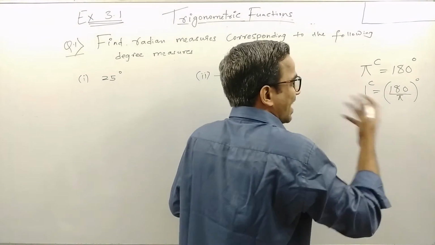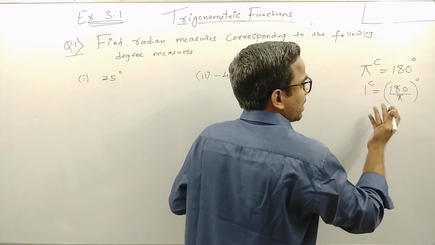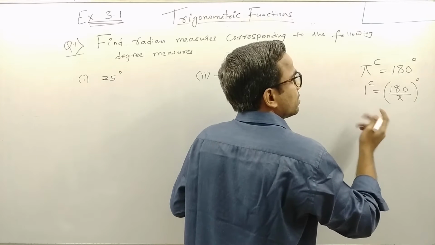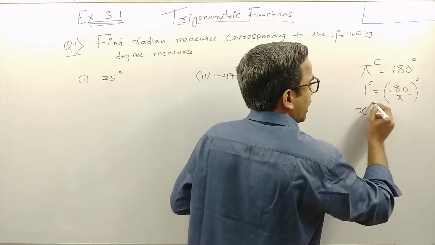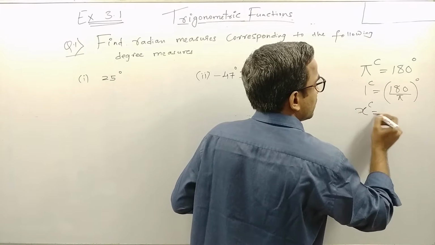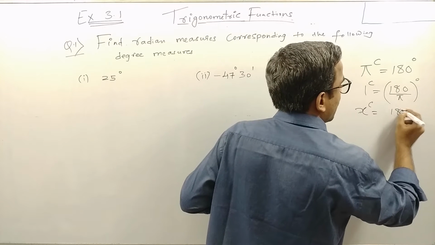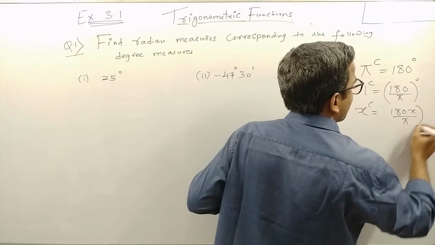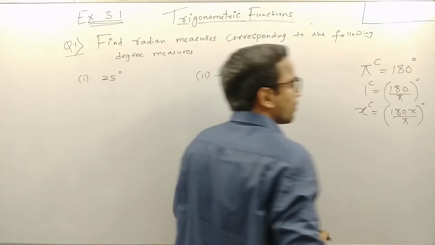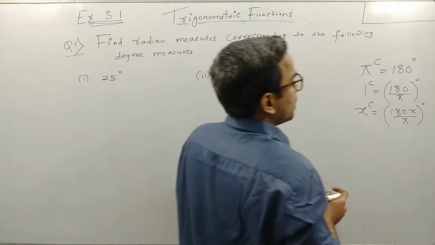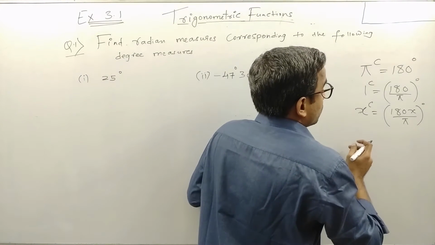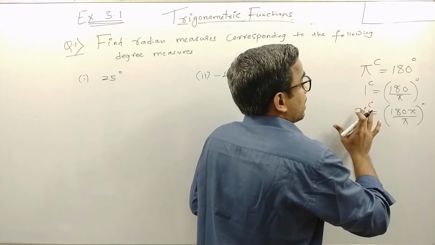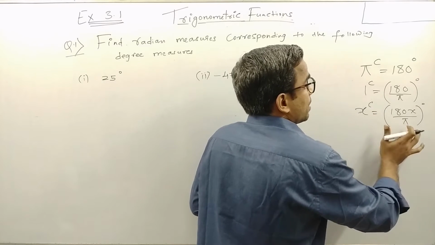That means x radian is equal to 180 x by pi degree. So any x radian I can convert into degree.